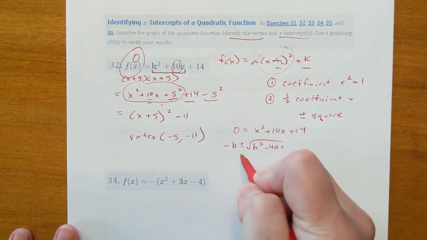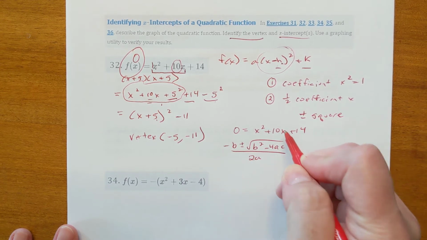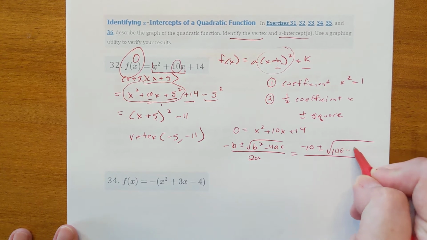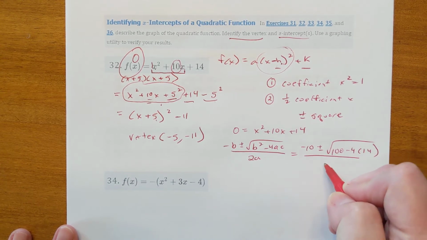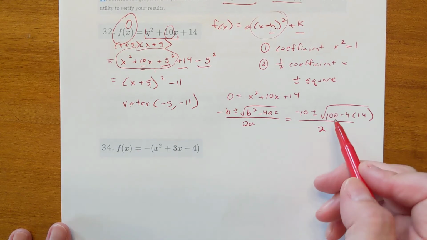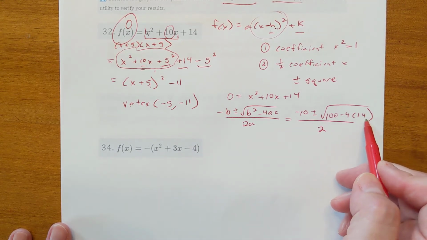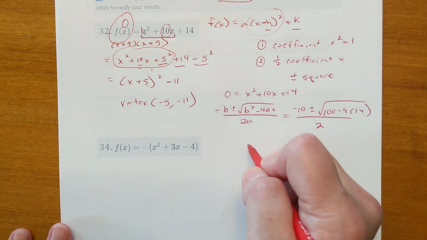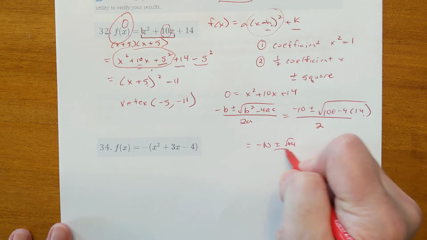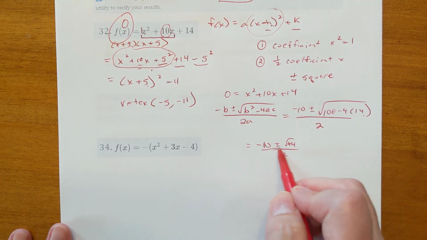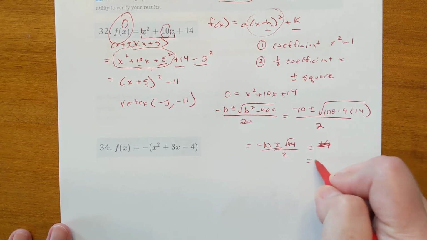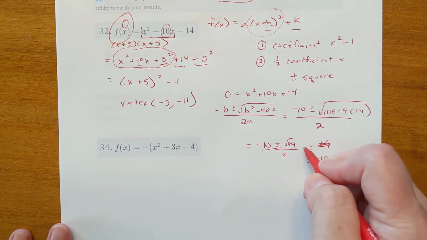squared minus 4ac over 2a. So negative b plus or minus radical b squared minus 4 times a times c over 2 times a. All right, so when you clean that all up, underneath here, 100 minus 4 times 14, you're going to get 44. And the square root of 44, when you clean it up, is equal to 4 times 11.